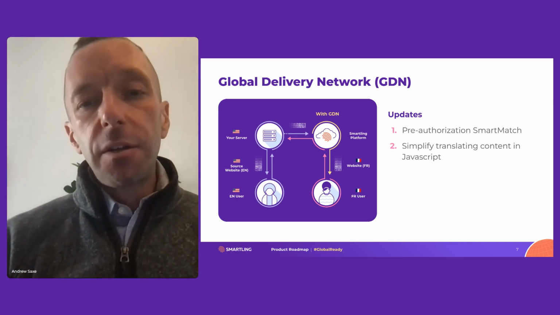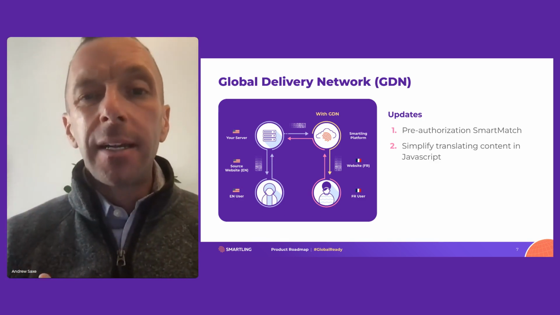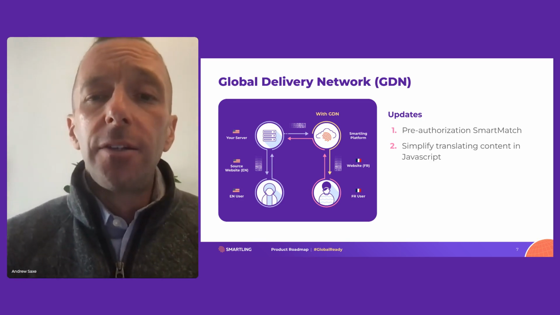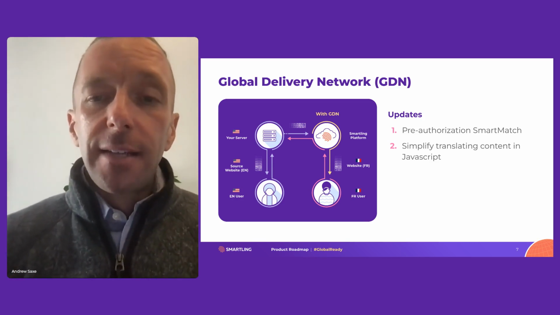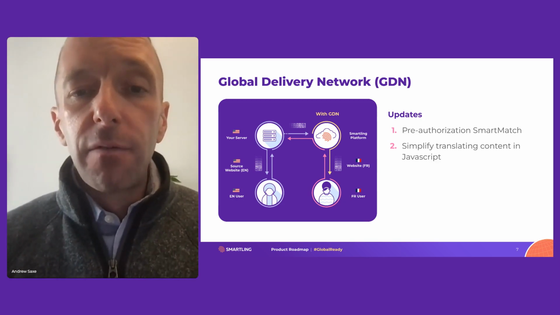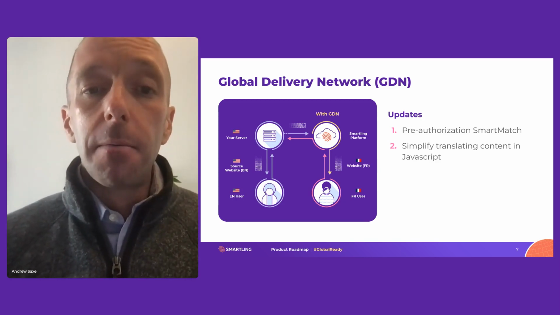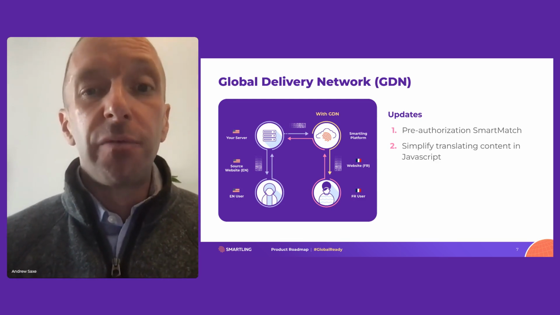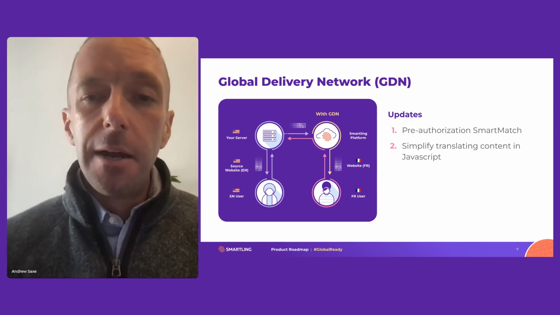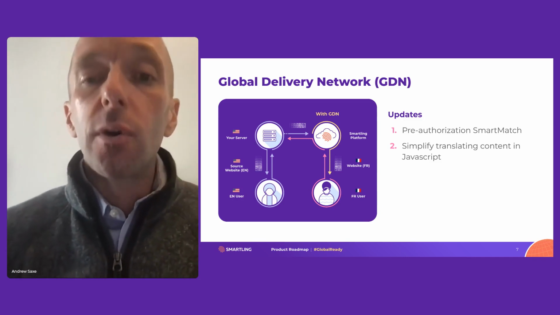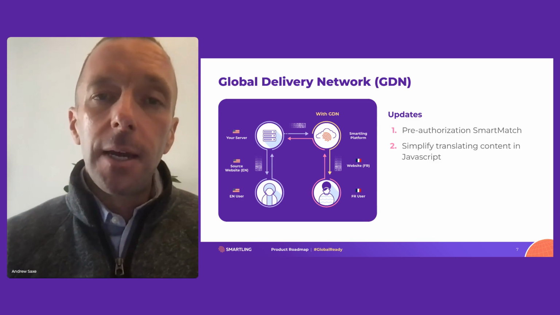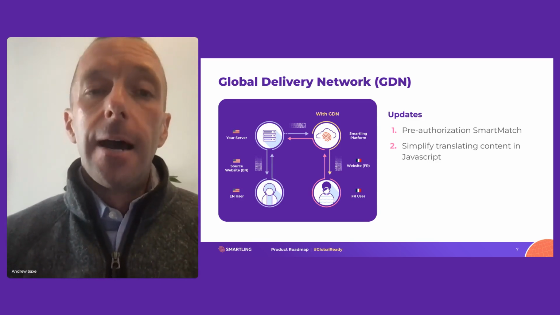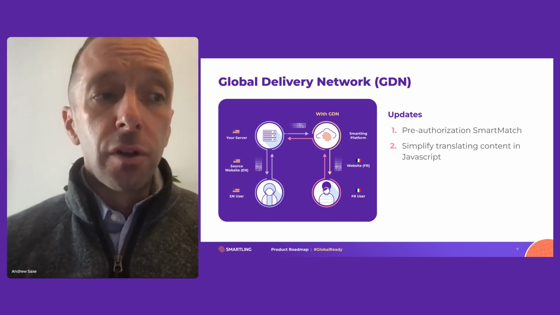So as content comes into the platform, we match automatically against TM and send it through the workflow, as well as a new way to ingest and translate content and deliver content as it's coming from JavaScript, which is a major and important improvement to the global delivery network and a major simplification for translating this content. This is especially important as more sites are built with JavaScript and there's more client-side rendering of websites. So these are some major updates to the global delivery network.